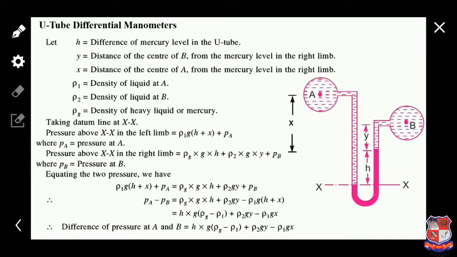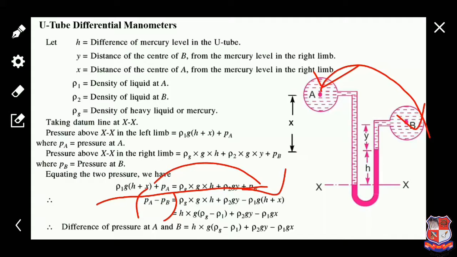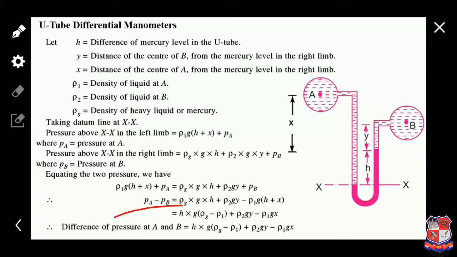Now we have to find the pressure difference between pipes A and B. So we take PA minus PB and move the other elements of the equation to the right side, as mentioned in the slide.